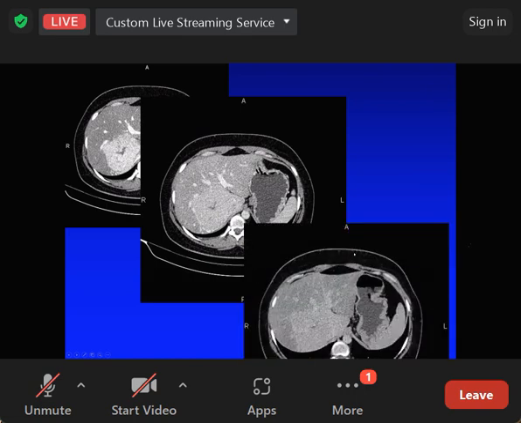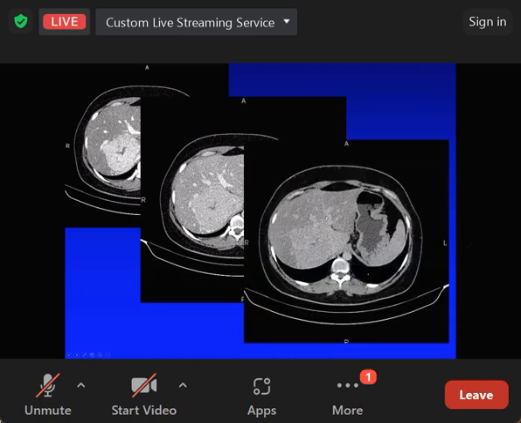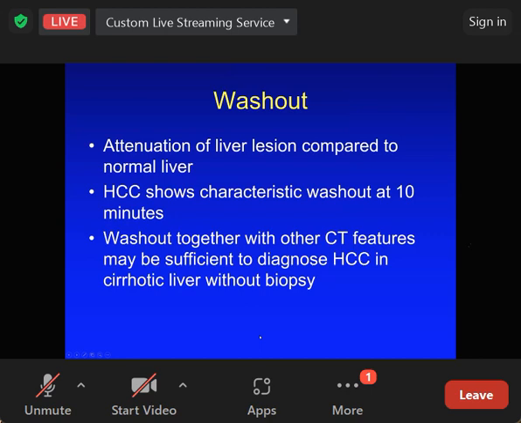And here on the delayed phase, again, you can see it's following the attenuation in the portal vein. So this is another lesion that you can be pretty confident, on the enhancement pattern, is focal nodular hyperplasia.